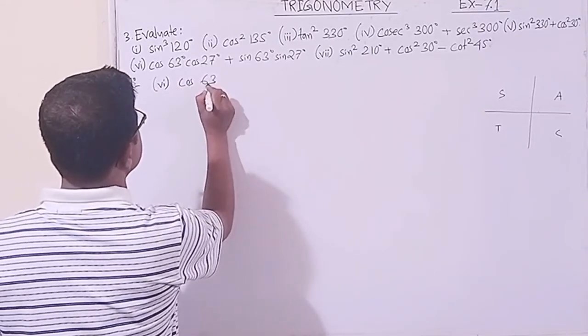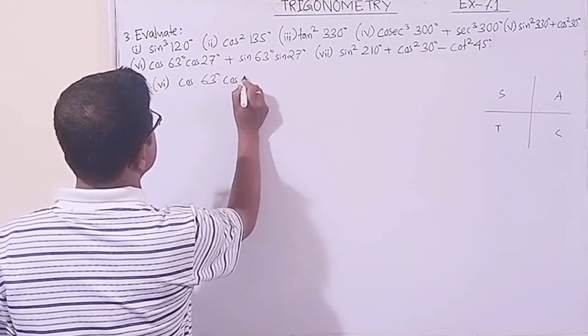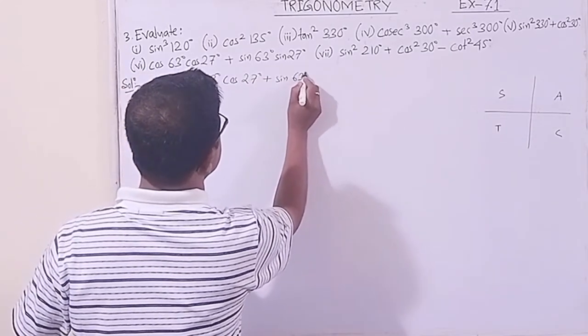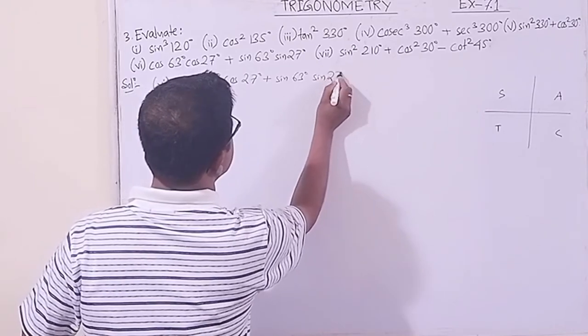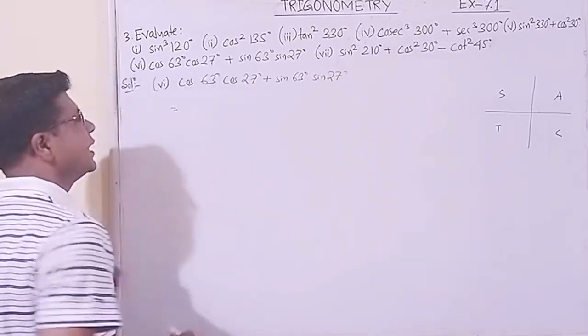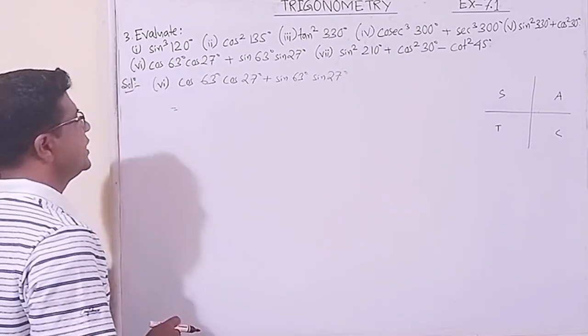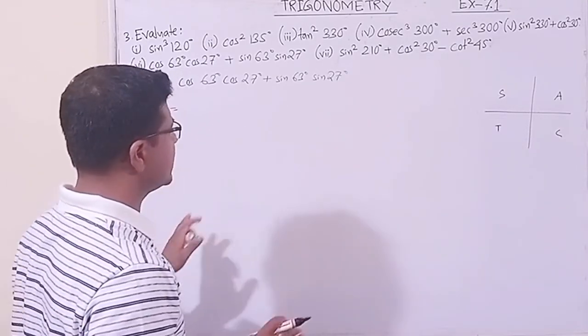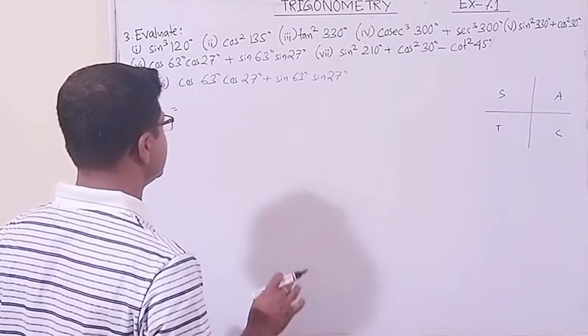This is cos of 63 degree cos of 27 degree plus sine of 63 degree sine of 27 degree. This can be done in many ways, but here, according to the book, whatever answer is given, we'll do according to that.